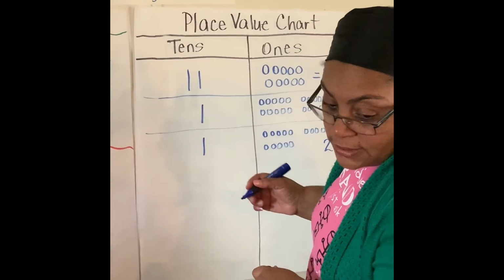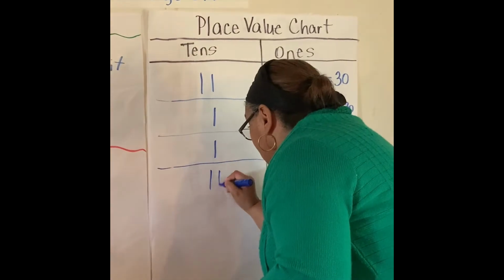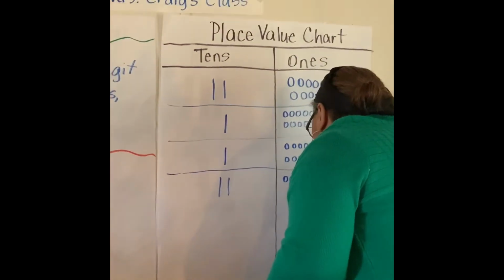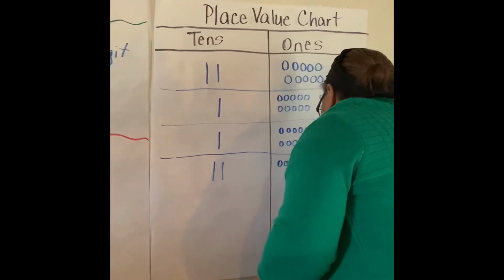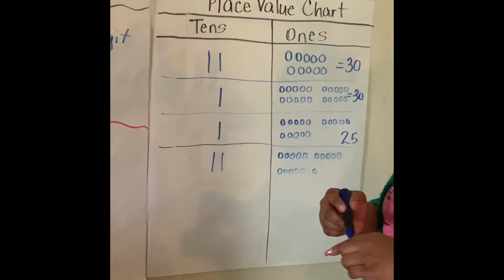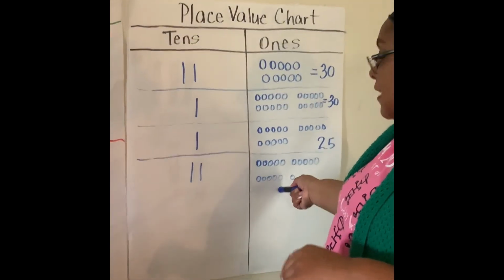Let's do another one. This time we're going to do 2 10s and 16 ones. Who knows how many this is right here? We have 2 10s and 16 ones.